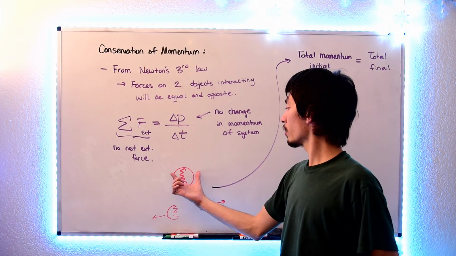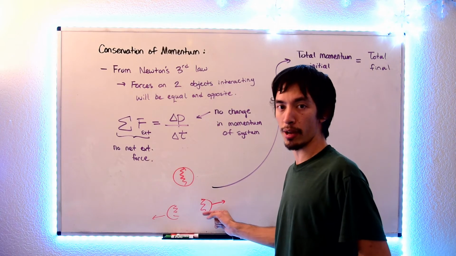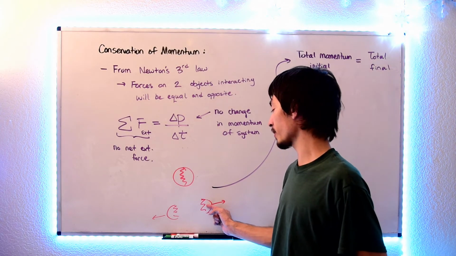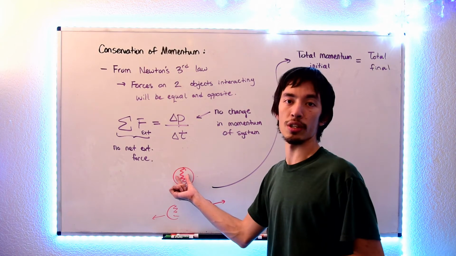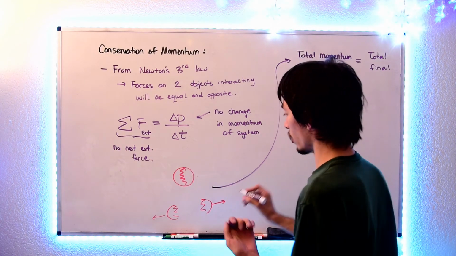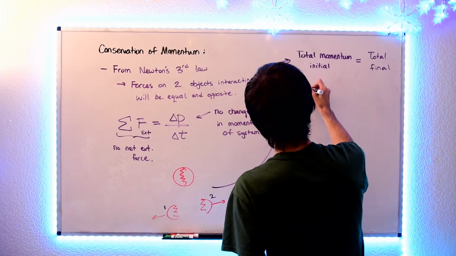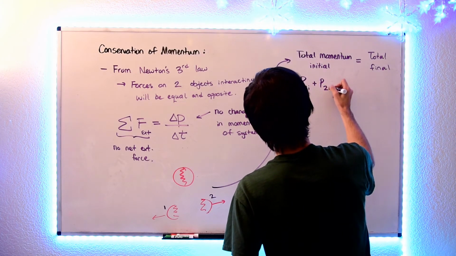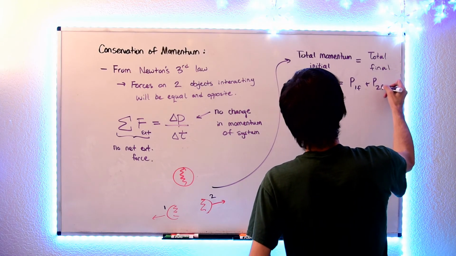So when we talk about the momentum of the thorium plus the momentum of the alpha particle, it's really totaling to one piece, which is the uranium. But let's say if I call this 1 and 2, then the momentum of 1 initial plus the momentum of 2 initial equals the momentum of 1 final plus the momentum of 2 final.